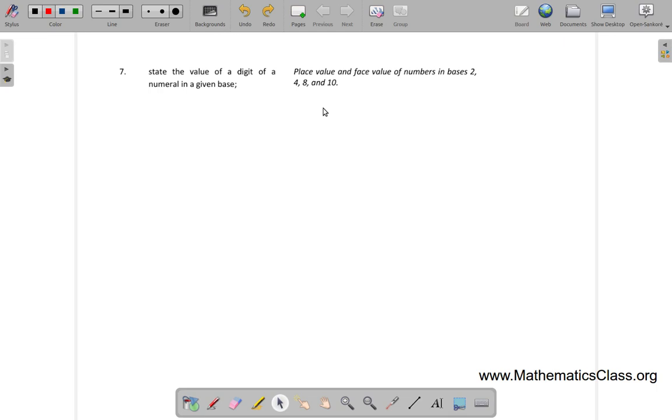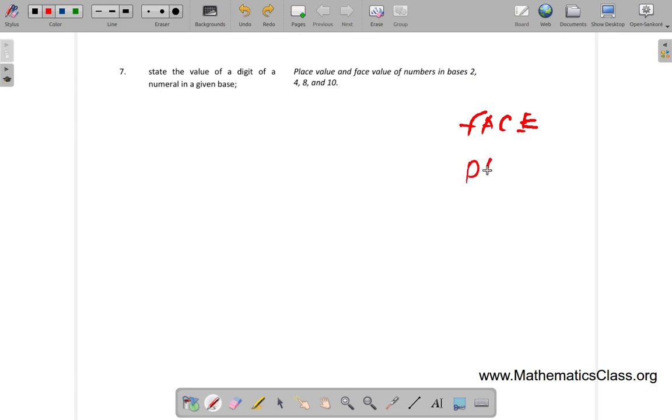So remember, the face value of the digit is just the digit itself, the value of the digit itself.